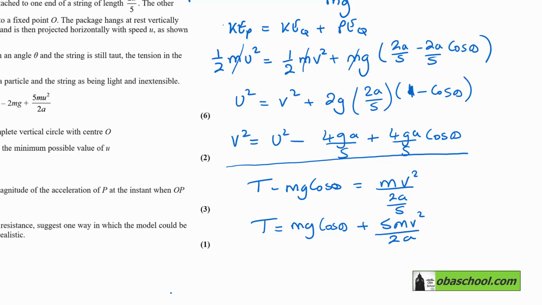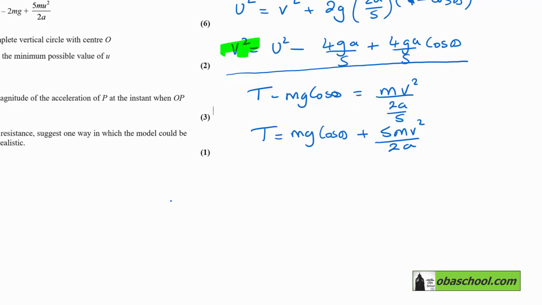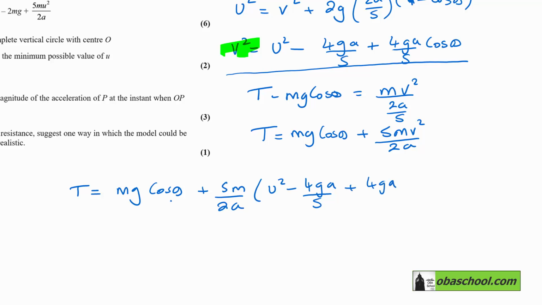Just remembering that we have our expression for v squared up here, which we're going to use, because v itself is something that we introduced. So T is going to be equal to mg cos theta plus 5m over 2a, and now let's bring in the u squared minus 4ga over 5 plus 4ga over 5 cos theta.